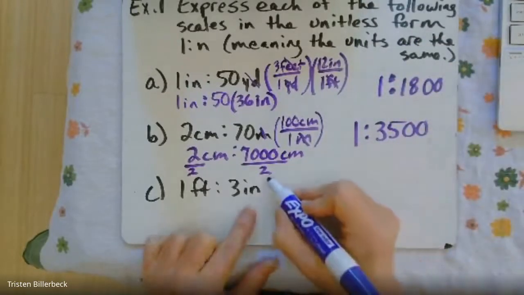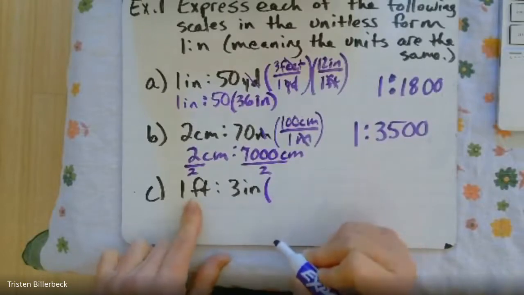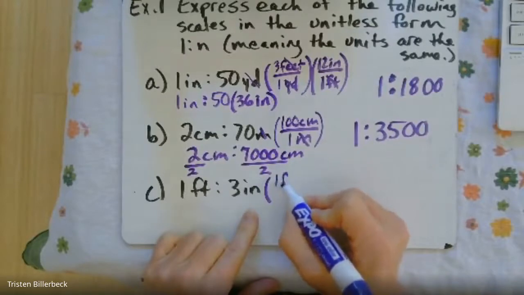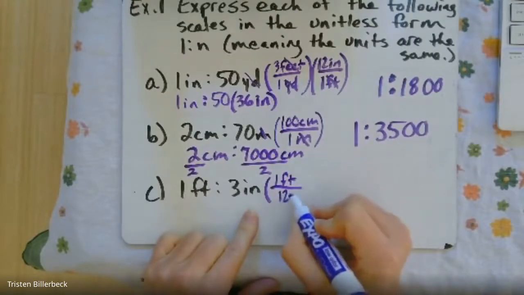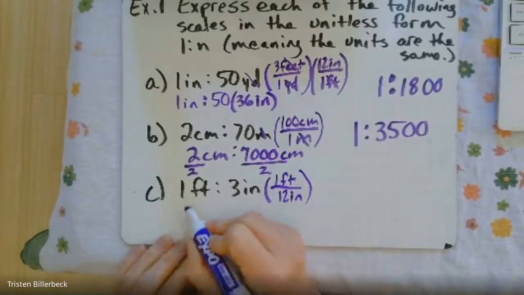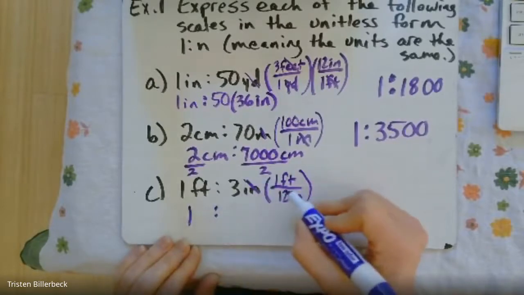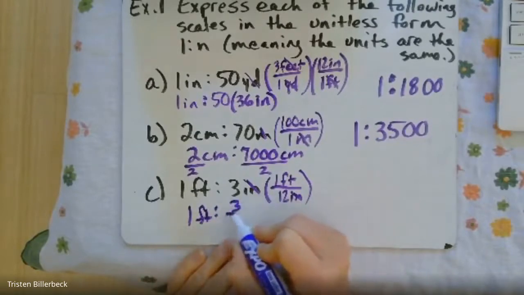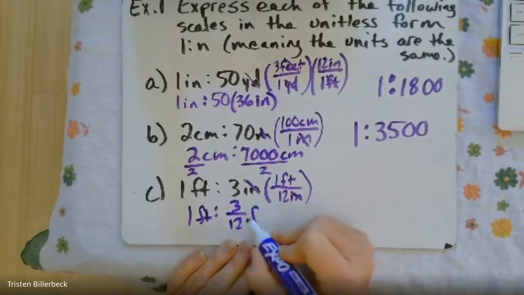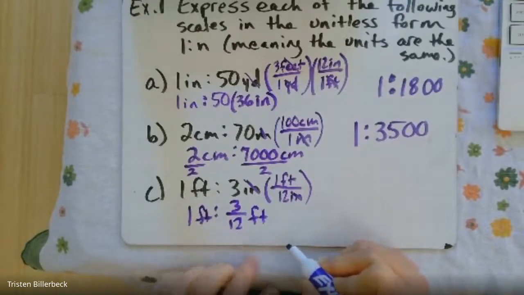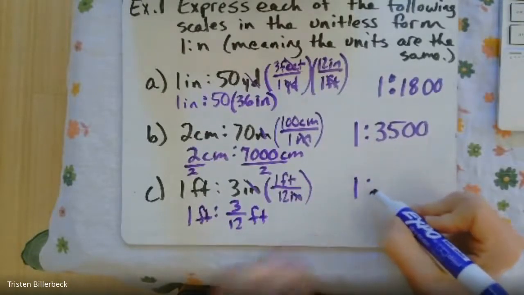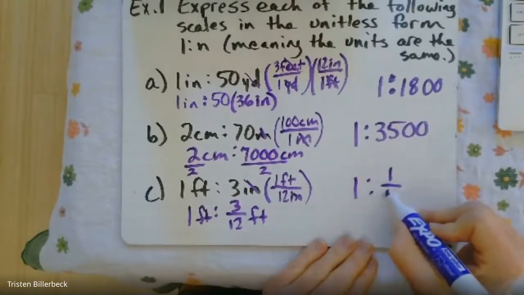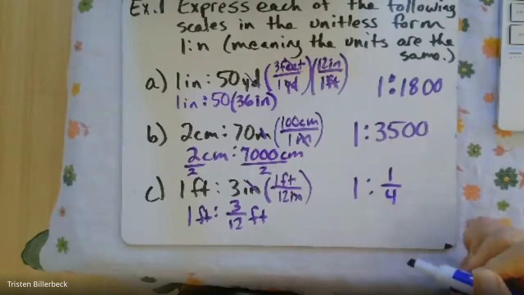Okay, so this one we want to convert to feet because we have a 1 already here. So for 1 foot, we have 12 inches. The inches cancel, so we're foot to foot, 1 foot, and then this is 3 over 12 feet. And 3 over 12 reduces: we could divide 3 on the top and the bottom is 1, and there's 4 3s in 12.